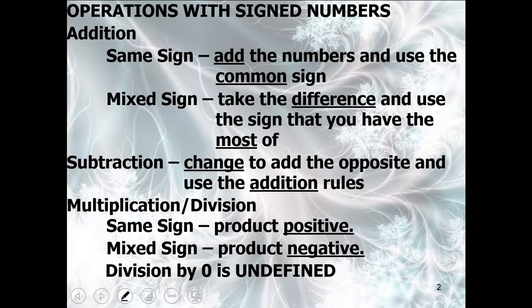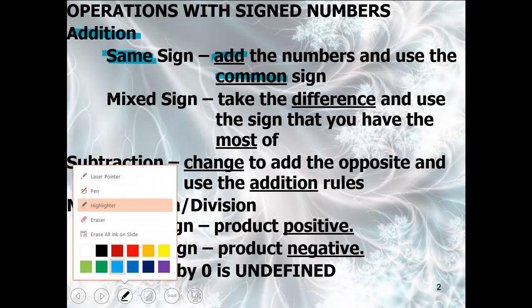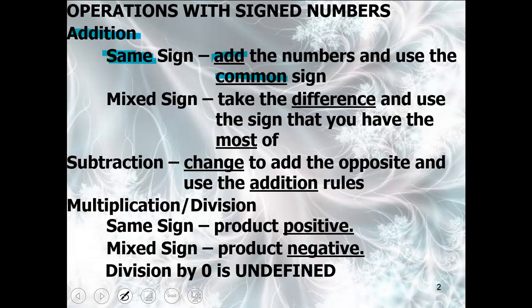Again, I'm going to review the operations for signed numbers. When we're doing addition, if they're the same sign, you're going to add those two numbers together and then use the common sign. An example would be a positive 3 plus a positive 2. That's going to be a positive 5.